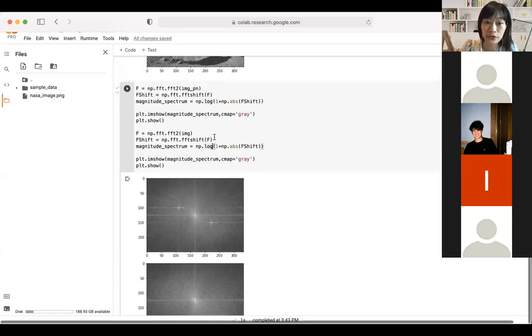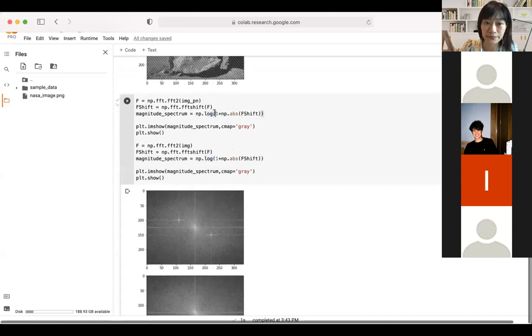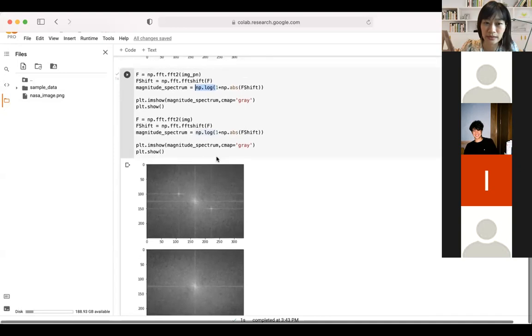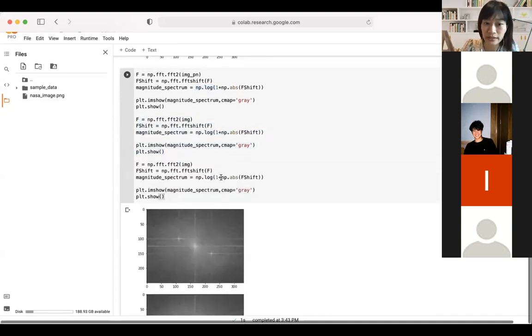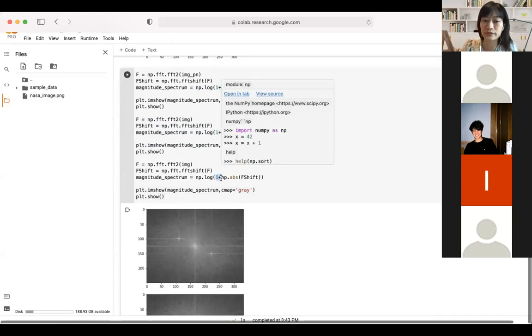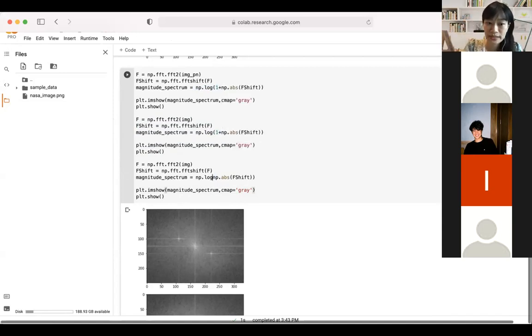If I remove the log transform here, maybe I'll try with the new one. You'll see that we add one as well, because log cannot be zero. We add one because we don't want an error. If I remove log here, when we calculate the absolute value, it's already the value of the complex number.